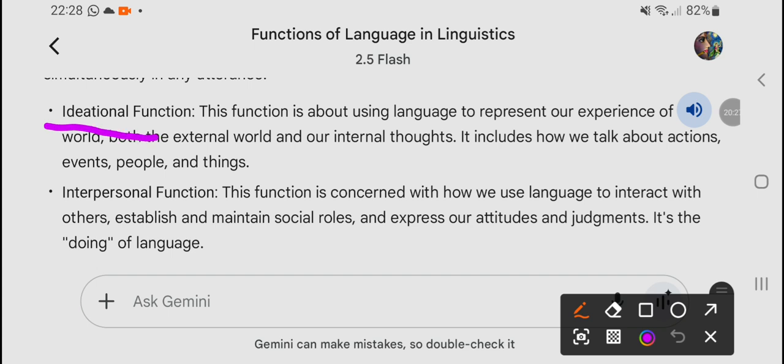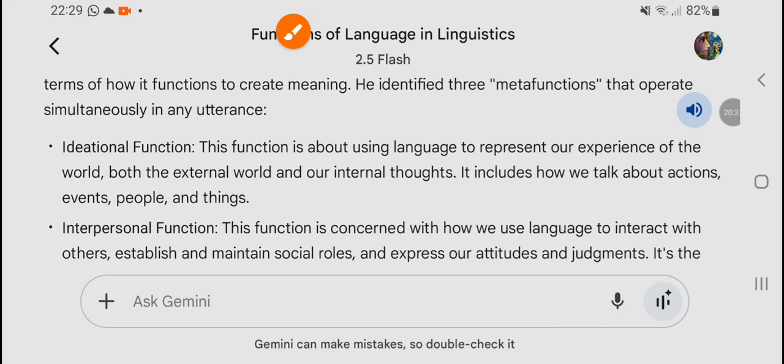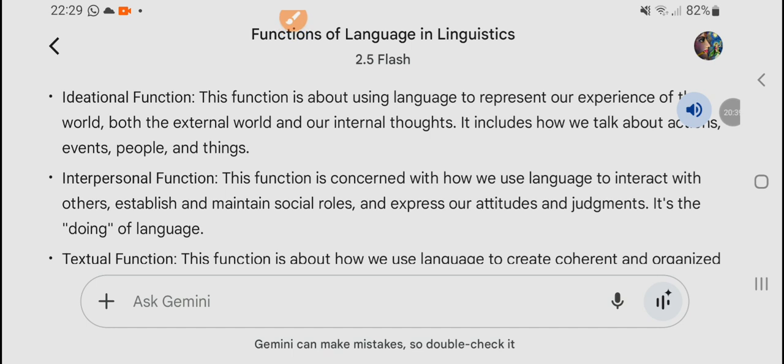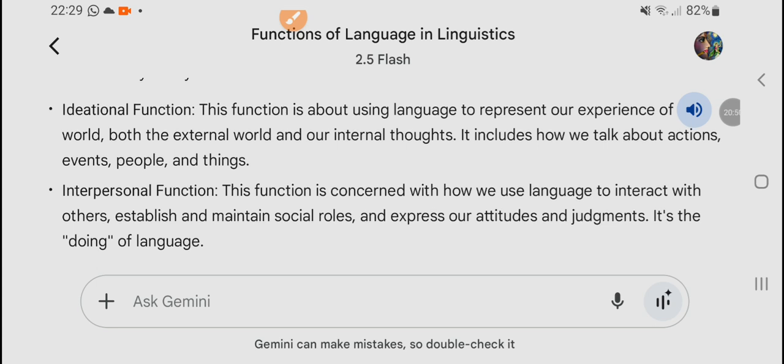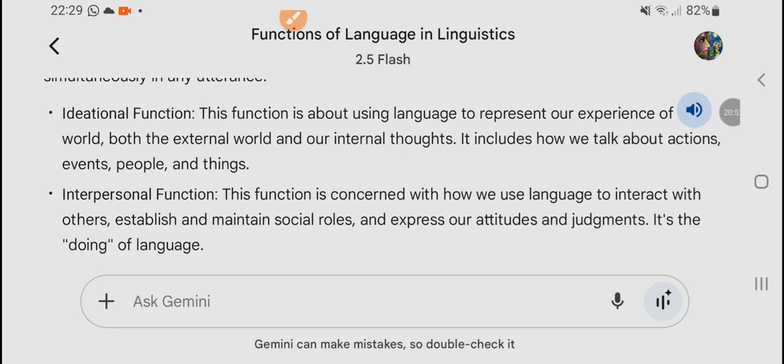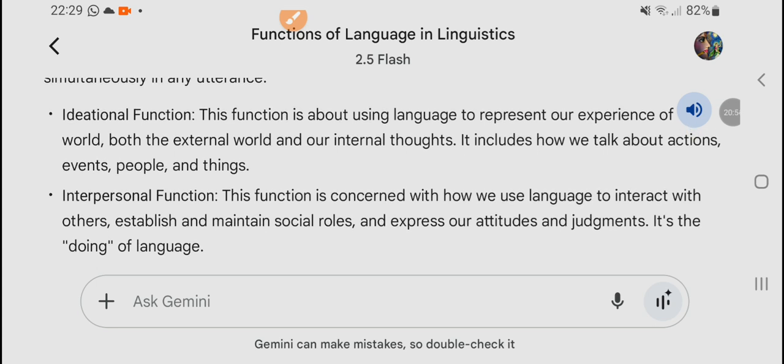Ideational function. This function is about using language to represent our experience of the world, both the external world and our internal thoughts. It includes how we talk about actions, events, people, and things.